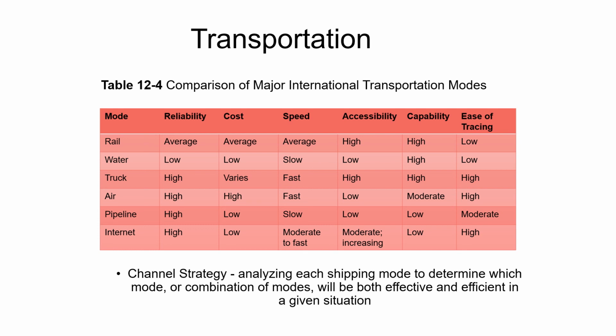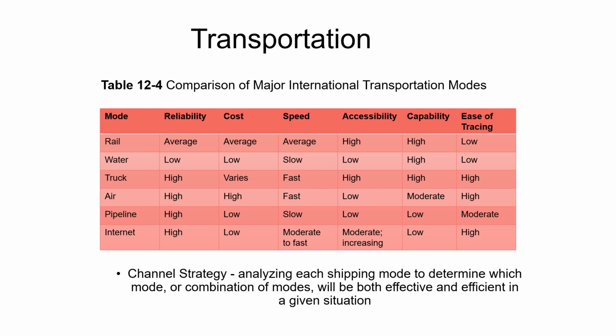For example, rail provides an extremely cost-effective means for moving large quantities of merchandise long distances. In the United States, carriers such as CSX and Burlington Northern Santa Fe account for nearly half of all cargo moved when measured by ton miles.